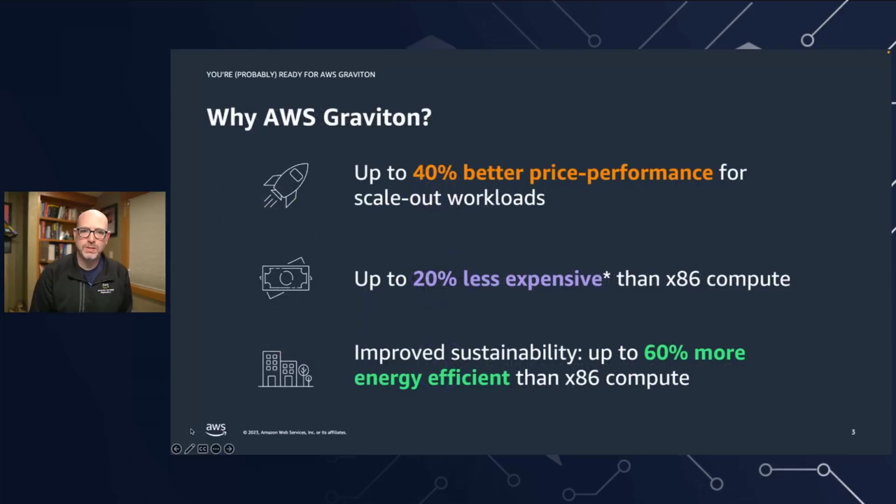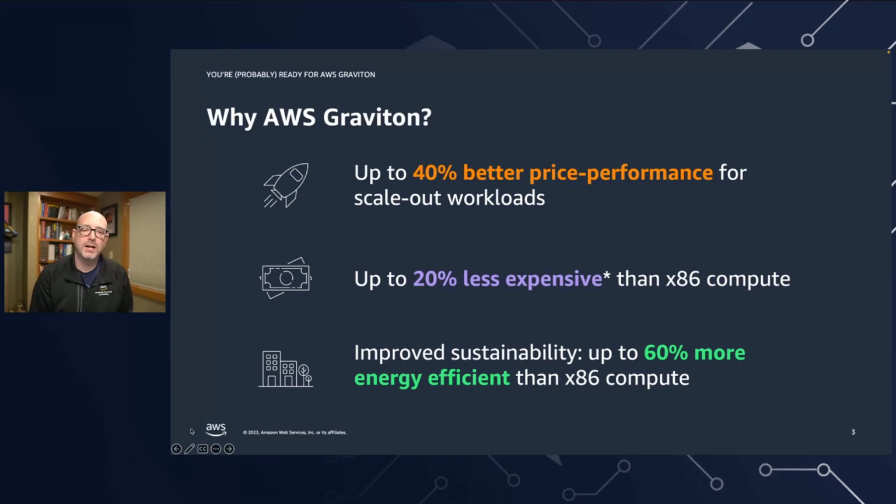So why should you as a customer choose AWS Graviton? Well, compared to instances that are based on the x86 CPU architecture, there are three distinct advantages that AWS Graviton provides. Number one is that AWS Graviton offers up to 40% better price performance for scale-out workloads. And the way that we achieve this 40% better price performance is through two different ways.